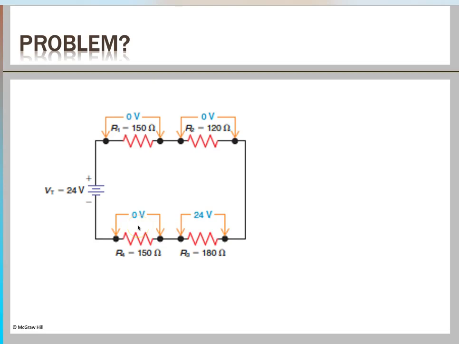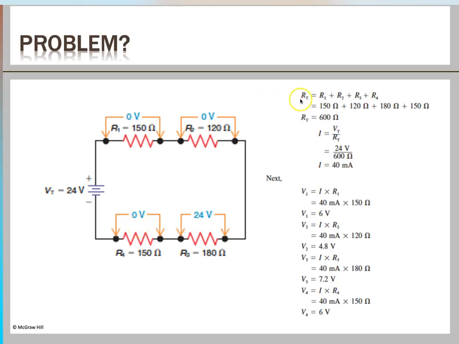If you want to verify that what we are doing is correct, you can also follow this step. You can calculate the total resistance first, which comes out to be 600 ohm, because this is 150, 180, and then plus 120, 600 ohm. Then we can calculate the current flowing in the circuit. VT is our 24 volts, RT we have already calculated, so 24 volts divided by 600 ohm gives 40 milliamps.